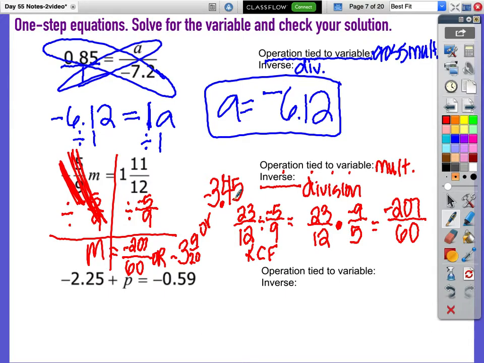Okay? So all of these are possible answer choices for that. Pick one and go with it. I will always have all of these answer choices on my answer key when we're dealing with these complex type fractions. So as long as you know how to work one of those, that's fine.